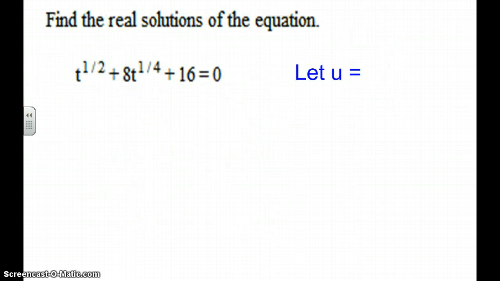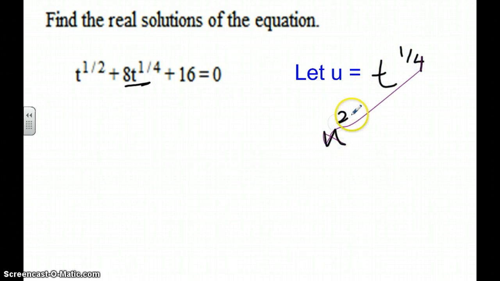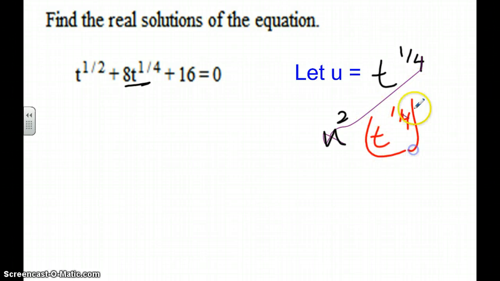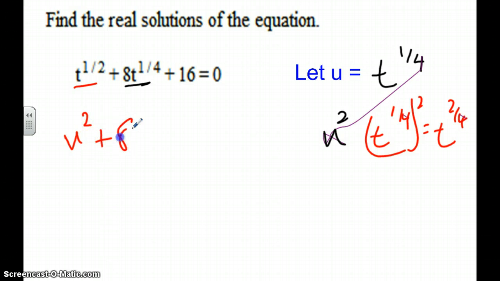On this one, the u substitution, again, middle term, t to the 1/4. Let's test it. U squared should equal t to the 1/4 squared, which it does, because that's t to the 2/4, and t to the 2/4 is that first term. So this becomes, again, my u squared term plus 8u plus 16. I'm going to factor this and then do my u substitution.